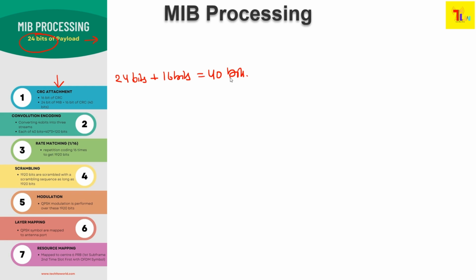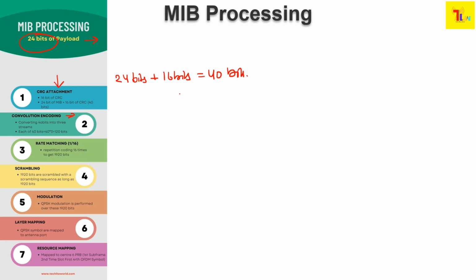The encoder is a discrete linear time-variant system. This convolution encoding always creates three outputs or three streams of the same size whenever you perform it over any bits.